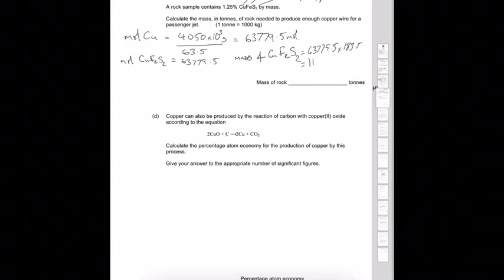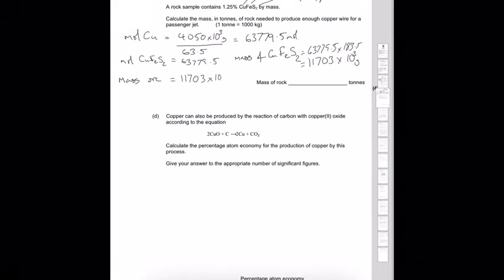So that gives us a mass of 117. Needs to be more than that. 0.3 times 10 to the 3 grams. We then need to take into account that it's only 1.25%, so we need to scale it up. We need to divide by 1.25 and times by 100.